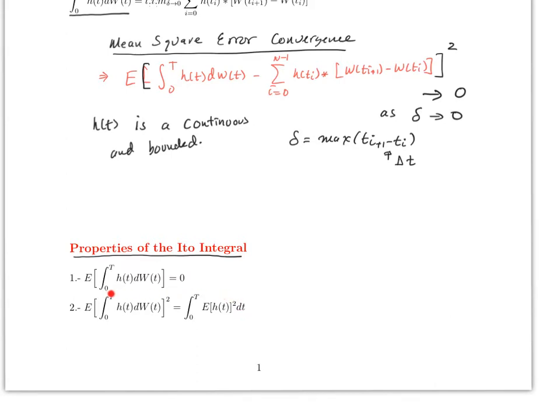So this is a pretty interesting property, because the expected value of the integral squared is the same thing as just doing the regular integral of the expected value of the function squared.